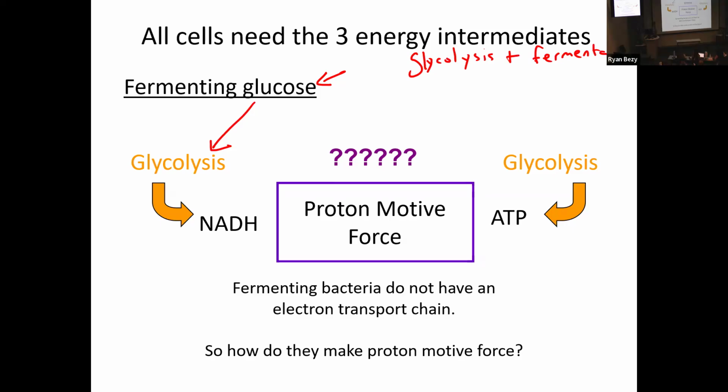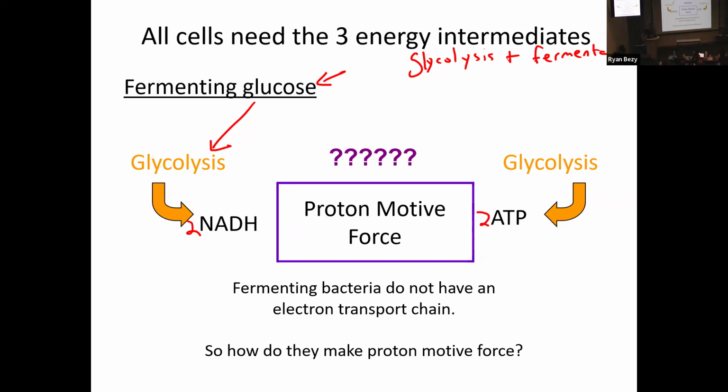So we're talking about the processes here being glycolysis plus fermentation. What are the products of glycolysis again? 2 net ATPs, 2 NADHs. So when that glucose goes into glycolysis, you are getting some NADH production and some ATP production, and 2 pyruvates come out of glycolysis.